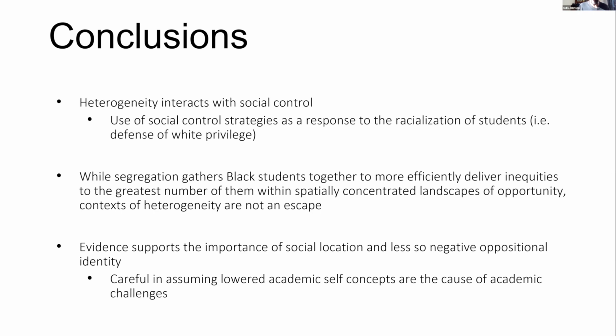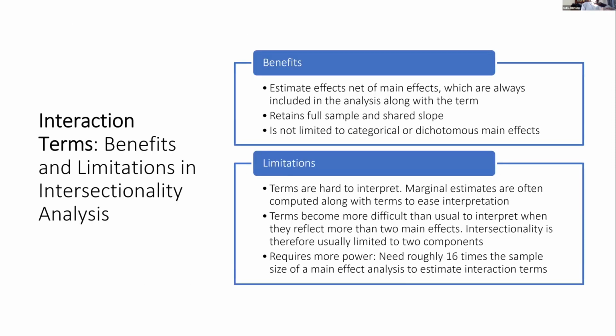So we found no evidence of oppositional identity here. So benefits of interaction terms: estimate effects net of main effects. So there are externalities here, including analysis along with the term. Retains the full sample and shared slope, is not limited to categorical or dichotomous main effects. Limitations: terms are hard to interpret, usually use marginal estimates.